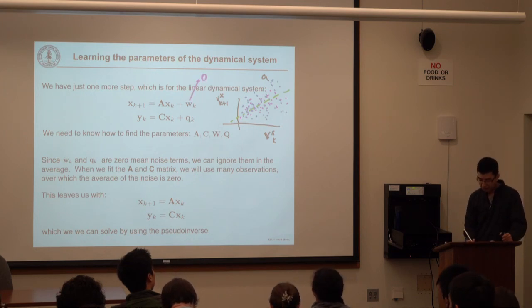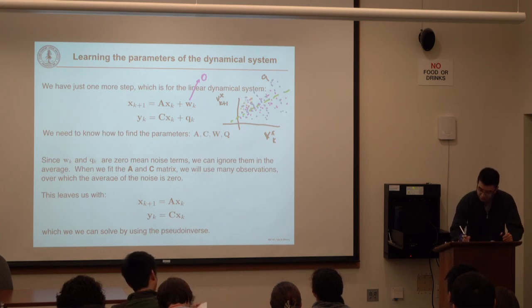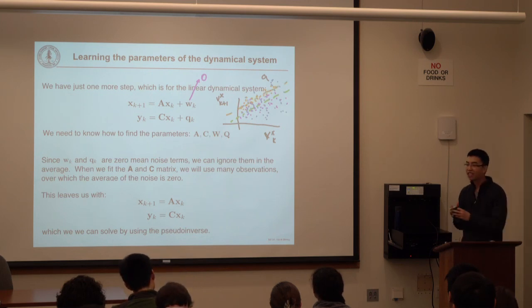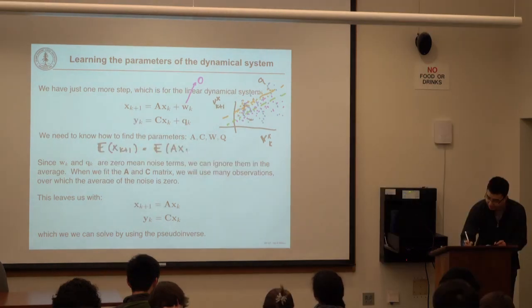If the noise was not zero mean, and let me plot this in yellow, let's say the noise had a mean of 1, then all these purple lines would systematically shift up. And if I want to fit a line through them, then it would look like it was shifted up by 1, because I have so many points xk plus wk.